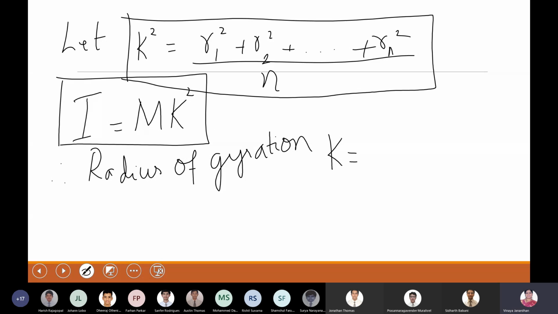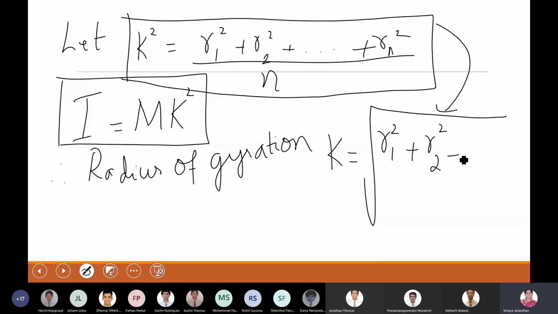It is the square root of r1 squared plus r2 squared, etc., up till rn squared, divided by n. This is your radius of gyration.